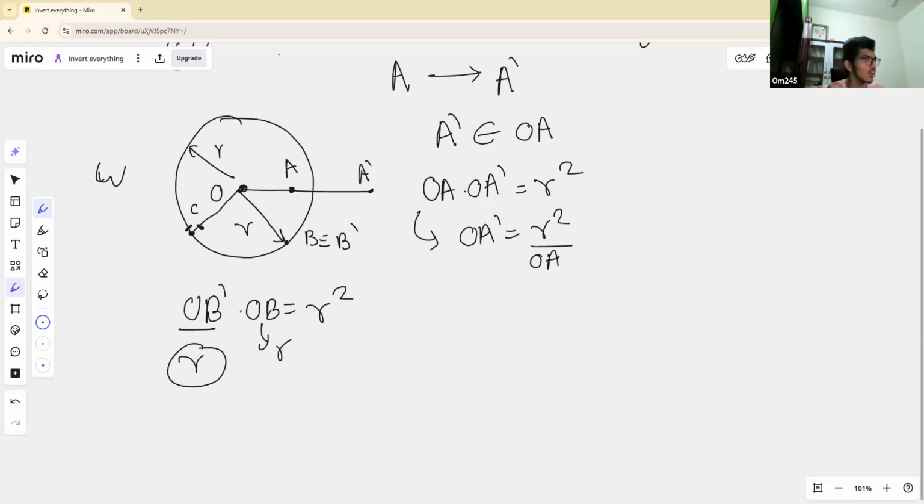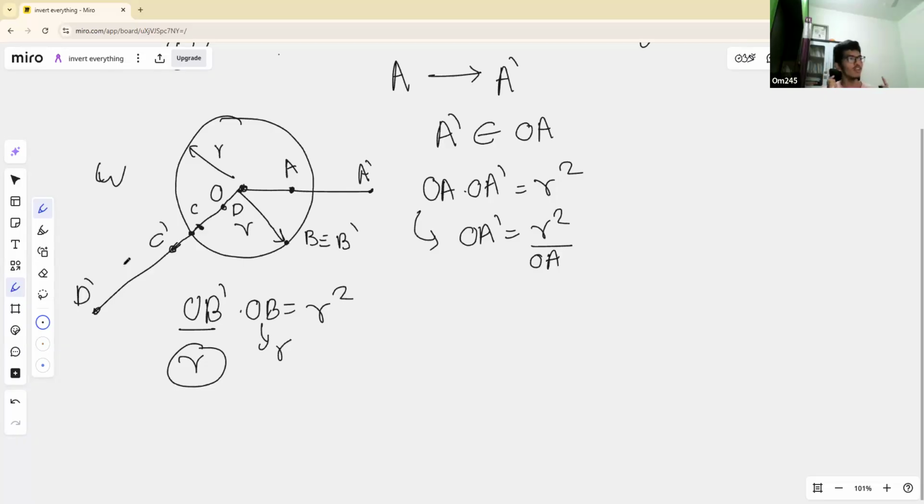But if C is slightly inside the circle, it should go inversely proportionally slightly outside the circle, so it will lie at C dash here. And if some point D lies closer to the center, then it will lie farther from the circle, because OD times OD dash should equal R square. Everything clear? Any doubt?